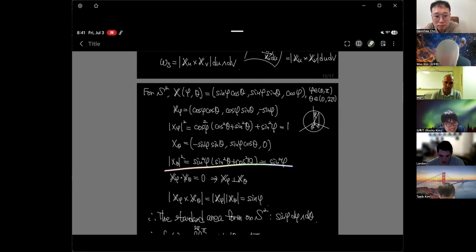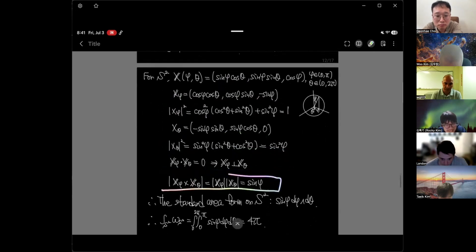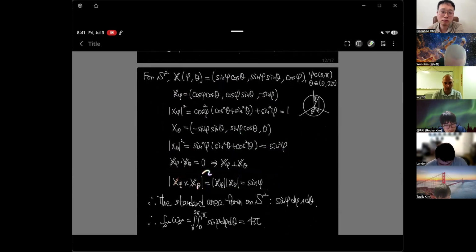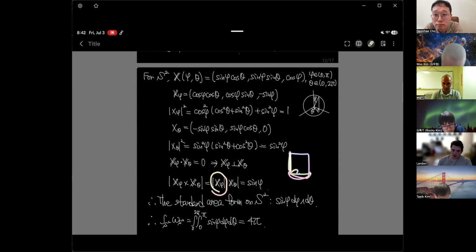And you already know the process. So we have this result, which means the absolute value of x partial phi cross x partial theta is the area of a parallelogram, but they're orthogonal, so it becomes just the area of a rectangle: this length times this length, which means x partial phi times x partial theta.